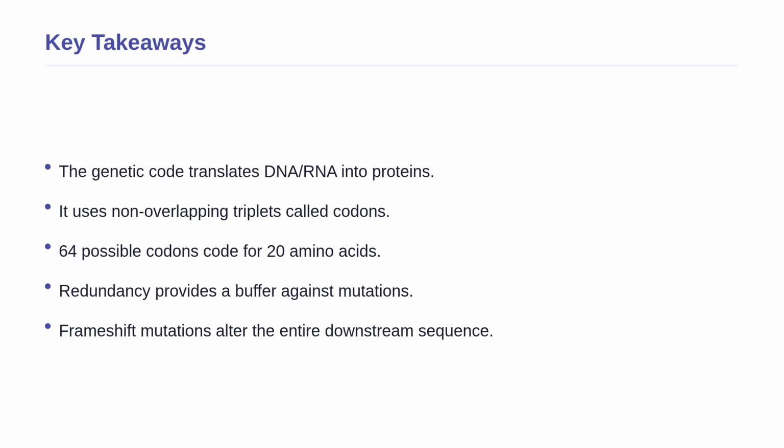Second, this code is built on non-overlapping triplets called codons. Because there are 64 possible combinations for only 20 amino acids, the code is highly redundant, which helps protect us from certain mutations. Finally, we saw how sensitive this triplet reading frame is to insertions or deletions.